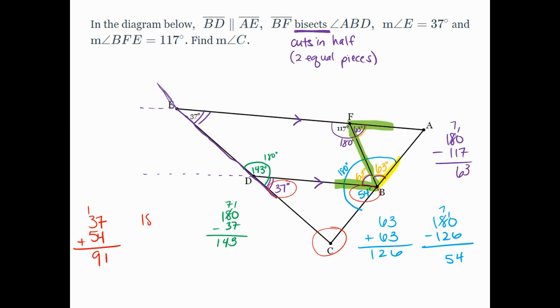And then subtract that from 180, and I get 89. So my angle that I'm trying to find is 89 degrees. And that's our second example.